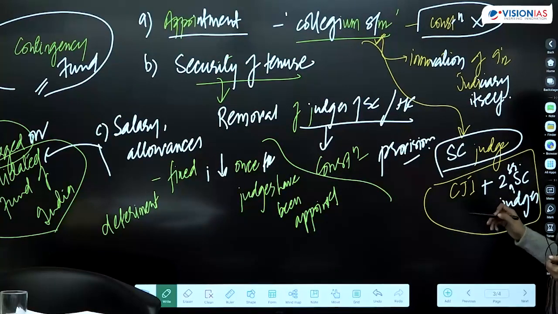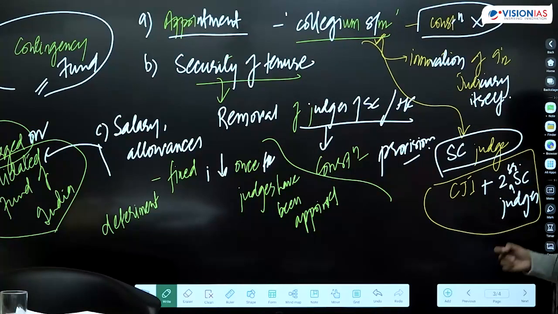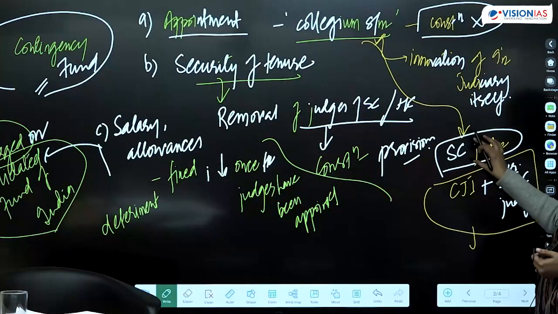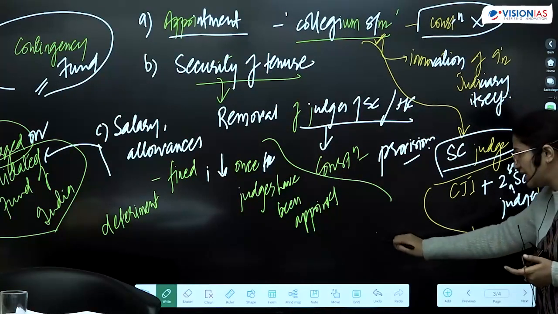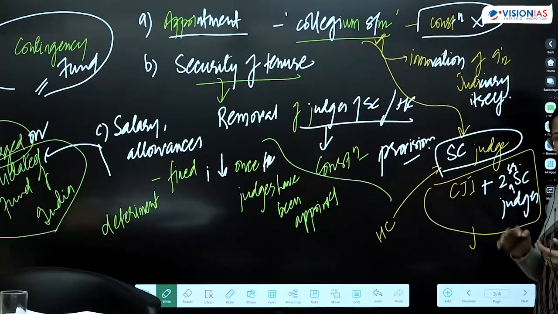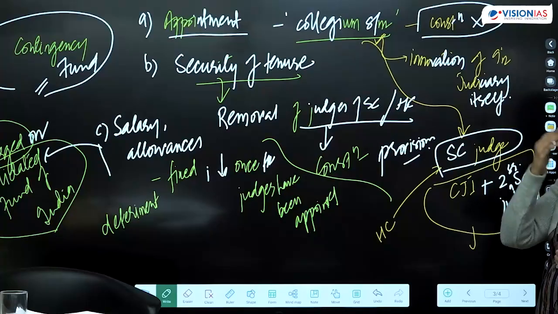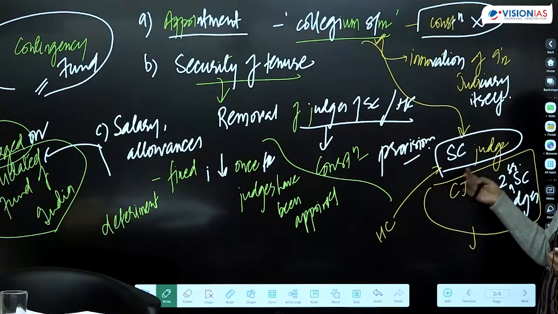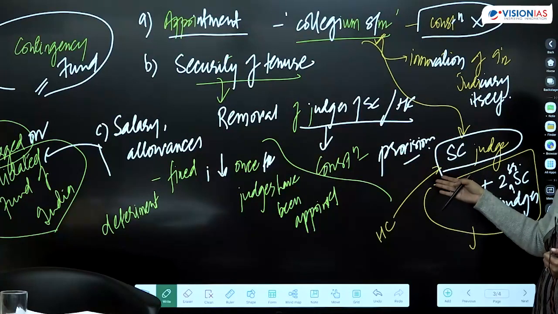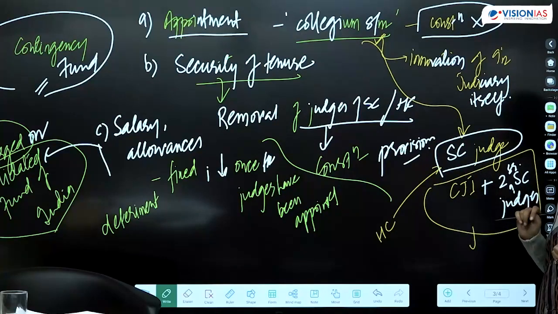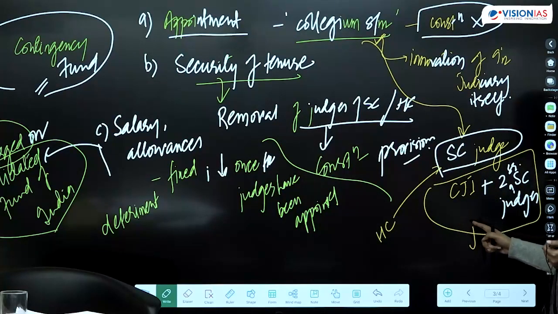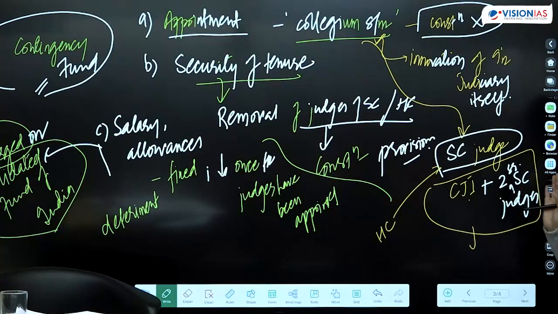These 3 individuals will discuss, debate, deliberate amongst themselves whether this one person is right enough to be appointed as the Supreme Court judge or not. A person who has been serving as a High Court judge, if he has to be brought to the Supreme Court, that is an upgrade. Supreme Court judge is a relatively senior post. If somebody from a High Court has to be brought into the Supreme Court, the collegium will comprise the CJI plus the two senior most judges of the Supreme Court.